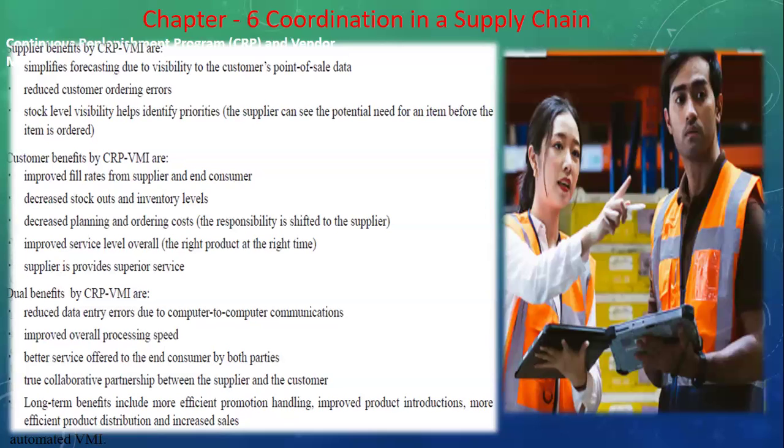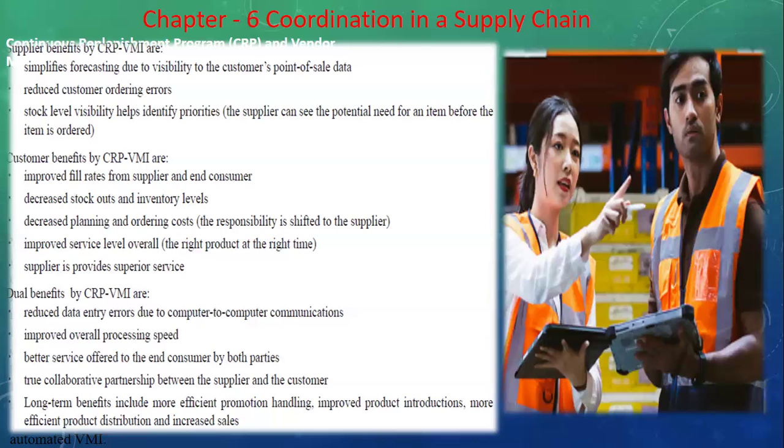The availability of stock, all requirements and the daily sold products can be monitored by the dealer and retailers. The supplier will also understand that the requirement is increasing, so they arrange on time. So both parties understand by this system, CRP and VMI.